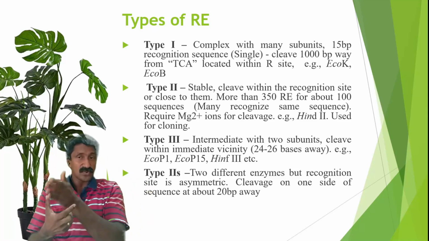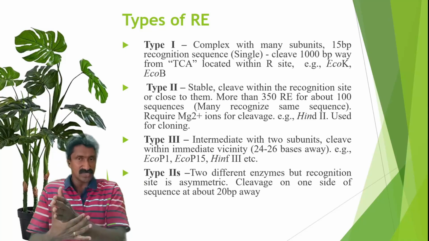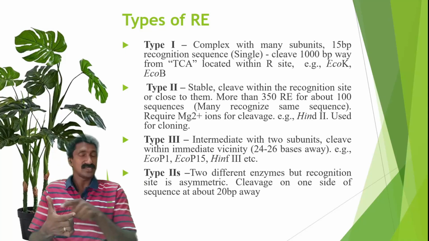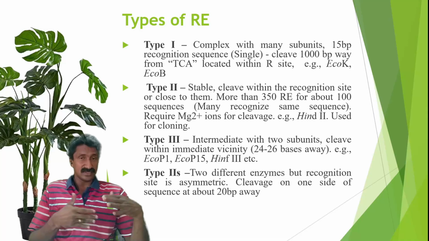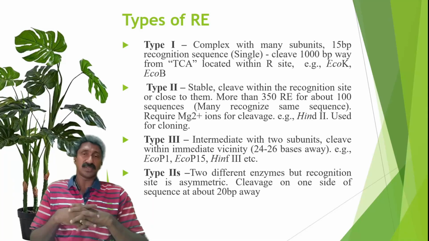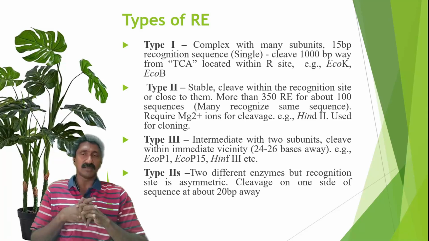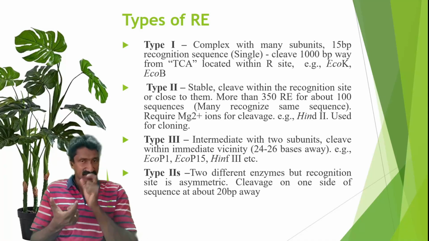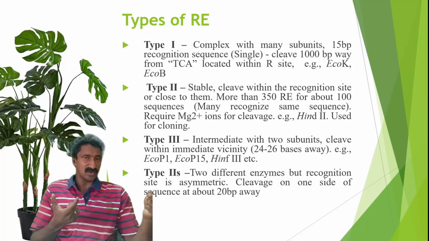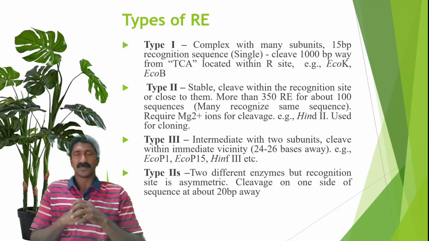So type 1 restriction enzymes will not cleave within the restriction sequence, whereas they cleave at a distant location, maybe 1000 base pairs away. That is the cleavage site of type 1. EcoK and EcoB are some examples of type 1 restriction enzymes. So it recognizes the sequence and cleaves at some other location, not in between.